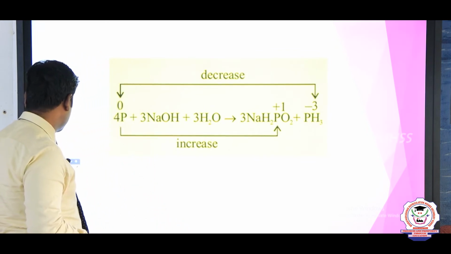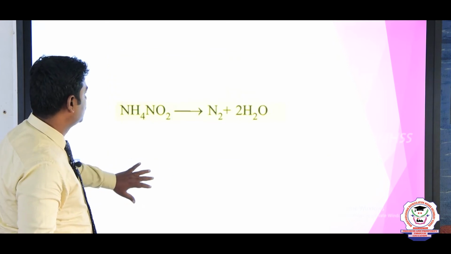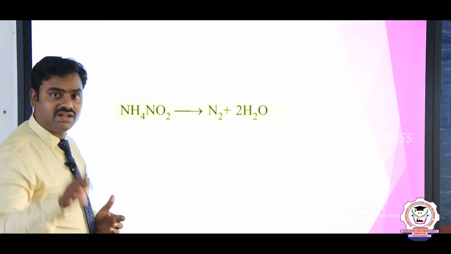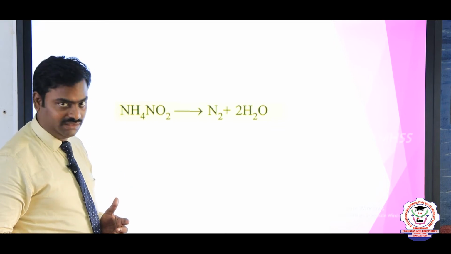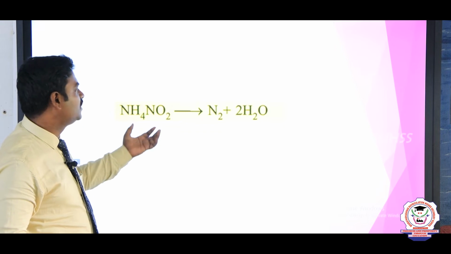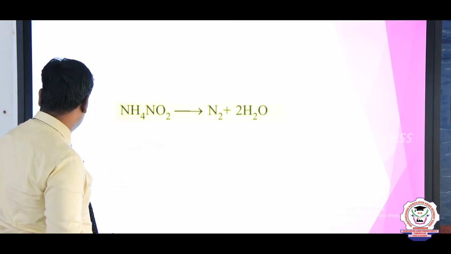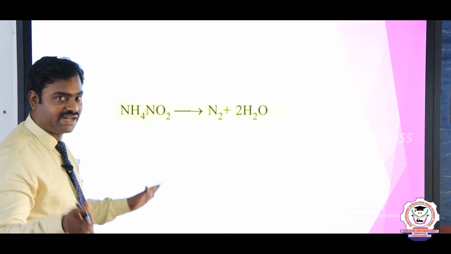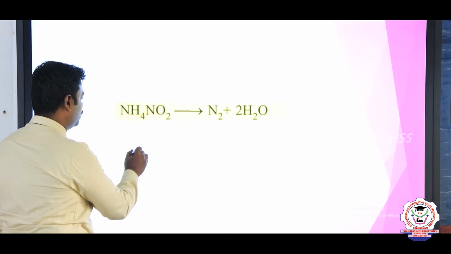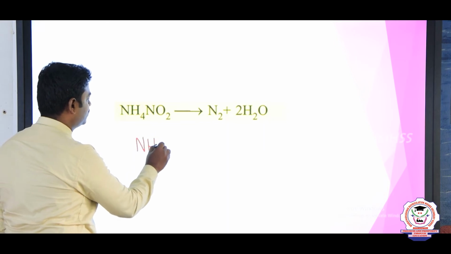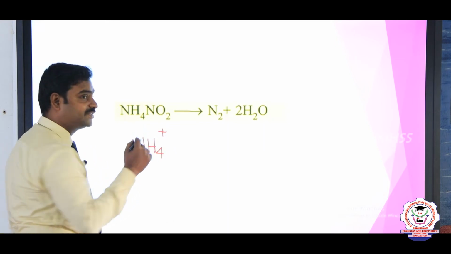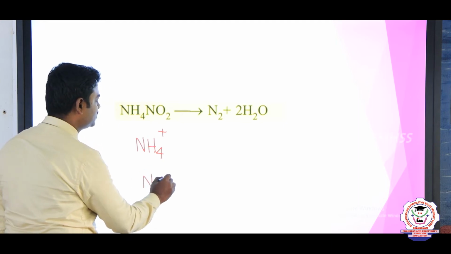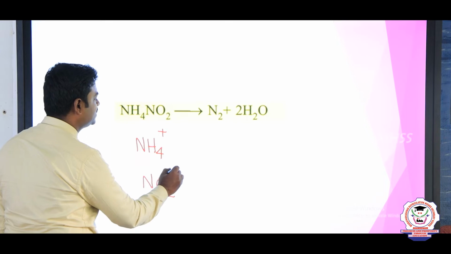Whereas, see the reaction here, ammonium nitrate. Here there are 2 nitrogens available. One is the ammonium ion, another one is the nitrate ion. I will write the oxidation states of ammonium nitrate. Both are different nitrogens. Ammonium is NH4+, which carries a positive charge, whereas in NO2- the total charge is -1.